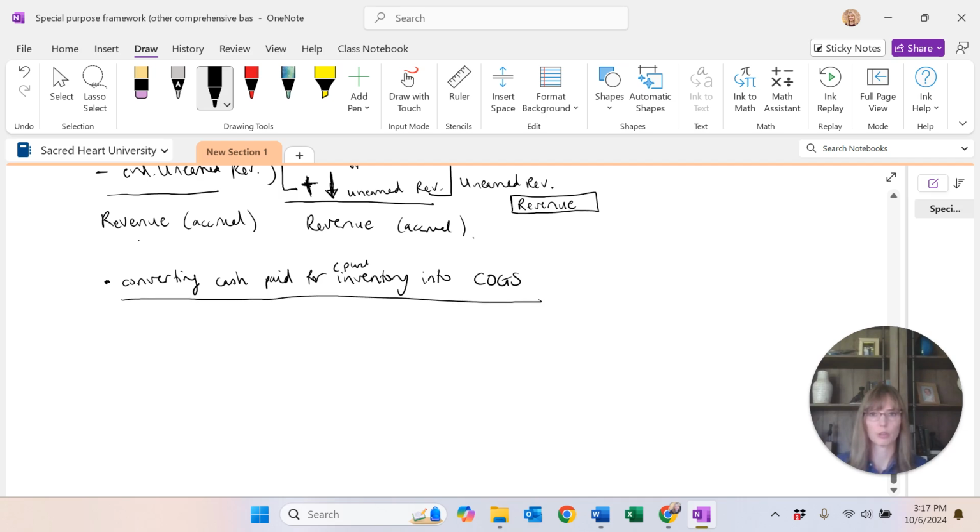Inventory, or simply purchases, into cost of goods sold. We're going to start with our cash paid for purchases because it might not necessarily be inventory, it might be the raw materials.